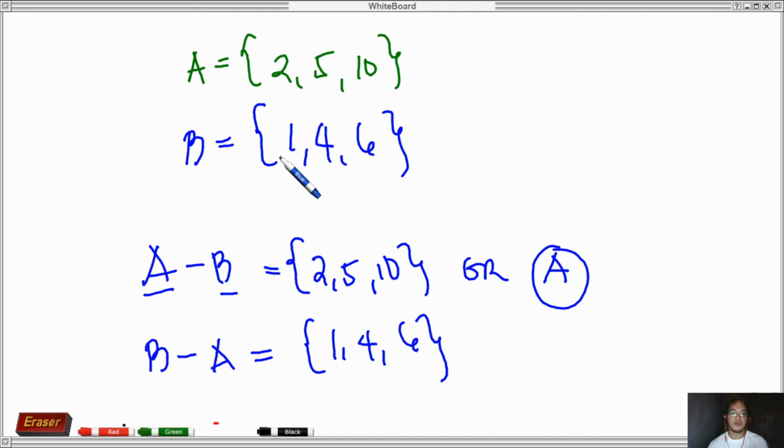Or, 1, 4, and 6, we could call it as tanang letter B. Tanang set B is the difference of B minus A. Now, again, remember, when you're dealing with different subsets, you must follow the cookie concept to make it very easier for you to understand the difference between two sets or 3 or 4 more sets.